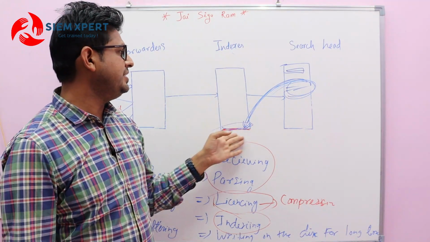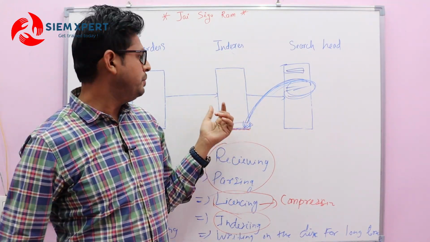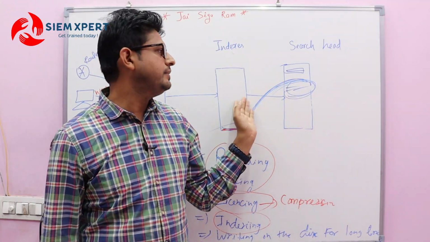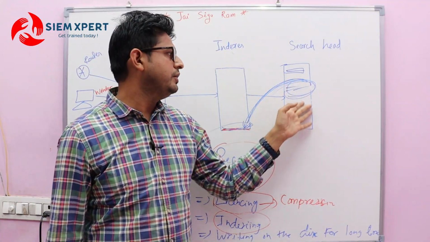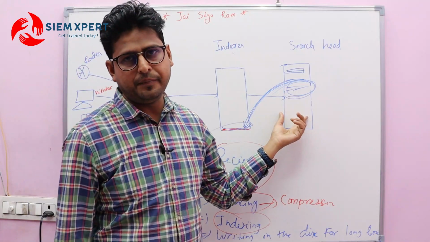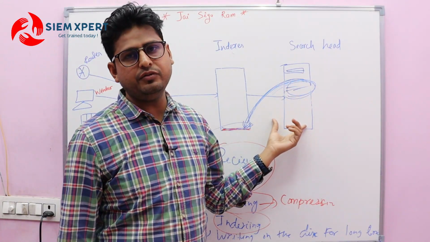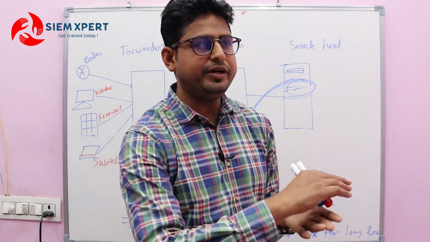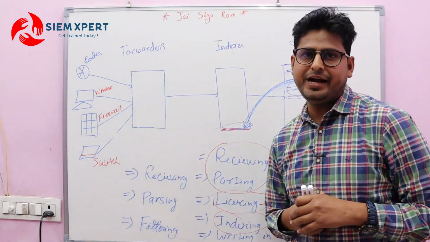So here the indexer is keeping the base logs, the logs which are coming from end devices, and here you just have a search feature to search the logs. If you want to monitor the logs in real time, you can, but it does not give the feature for real-time monitoring, correlation and alerting, right? So that an alert will trigger and you can investigate further and take action, right?